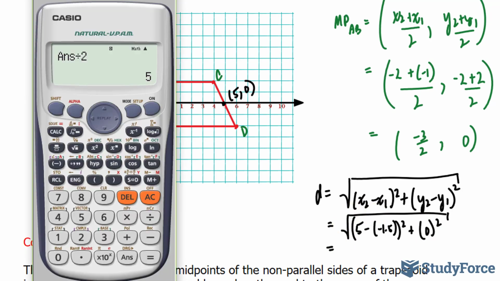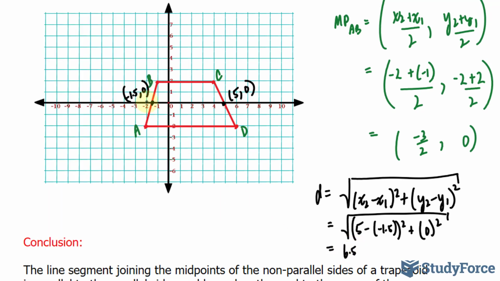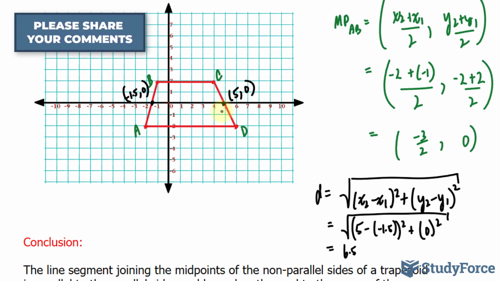Now using our calculator, we have 5 plus 1.5 to the power of 2. We're going to square root this number. We end up with 6.5. So the distance from this midpoint to this midpoint is 6.5 units.